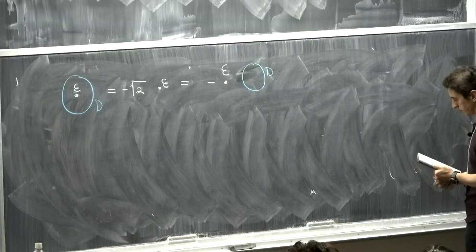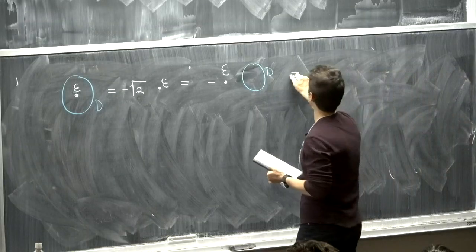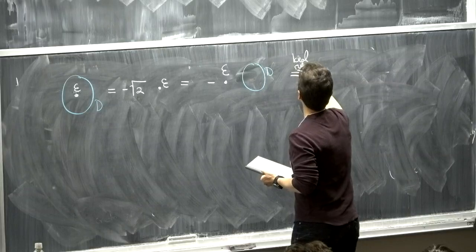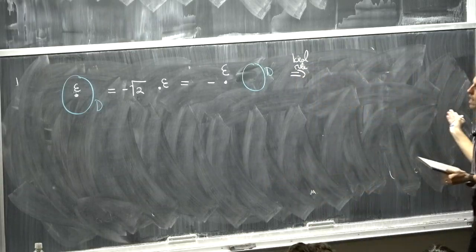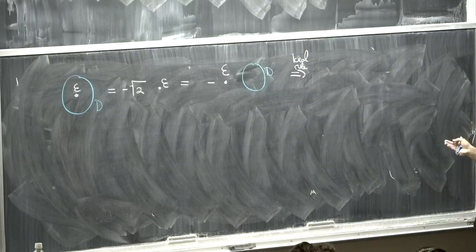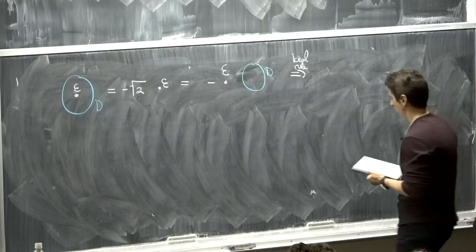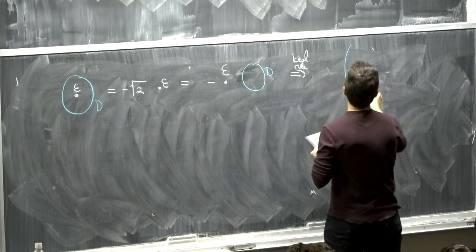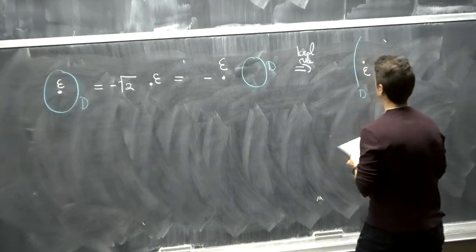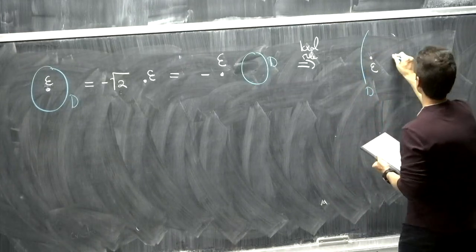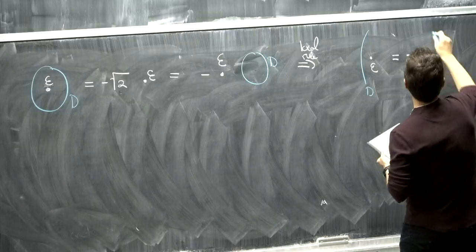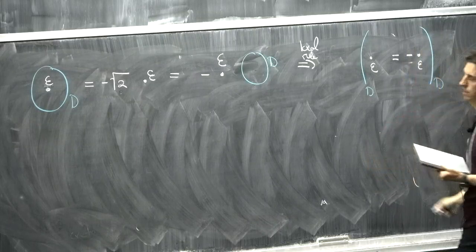Now, if I want to think of this as a local rule, a local rule for what happens when I push D past epsilon, it means the following. If I have here D, and here is epsilon, this is equal to minus epsilon with D on the other side.